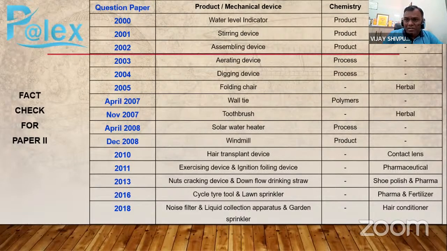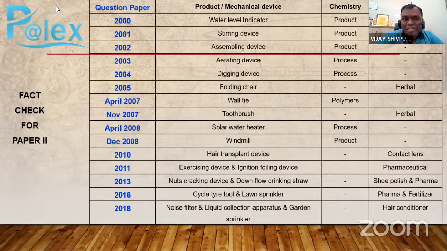If you can see here, what I have done is I have collated all the questions since 2000 to 2018 about the patent draft, and I have trifurcated them into 3 separate things: product or mechanical device, second is chemistry, and third is composition.